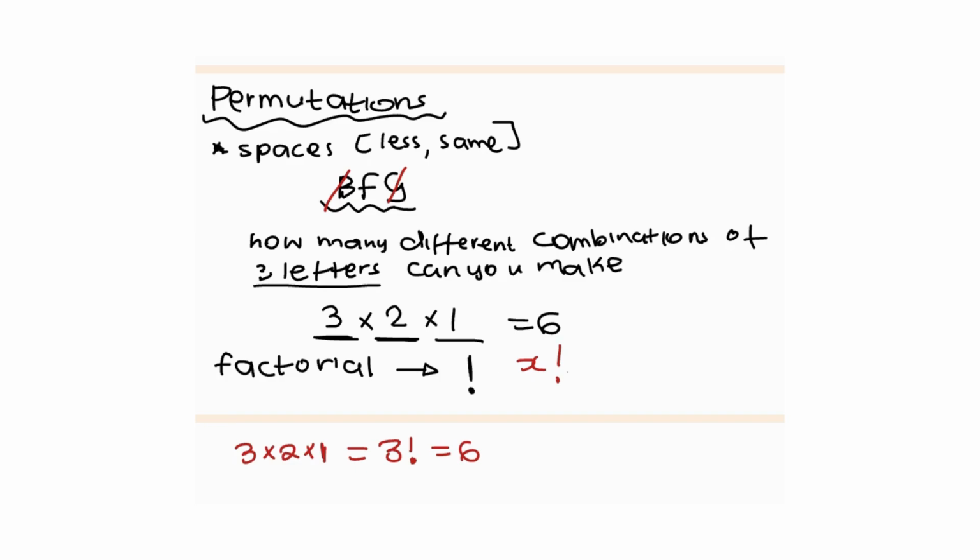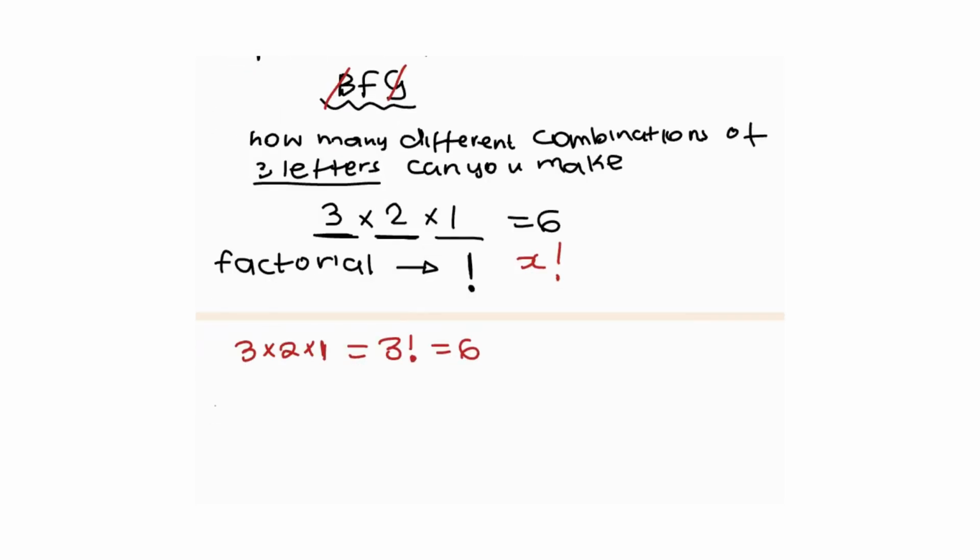So let us look at another example on factorial. Let's say now there are 7 of you sitting in a row on 7 available seats.